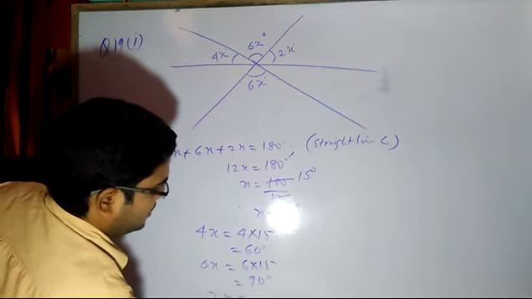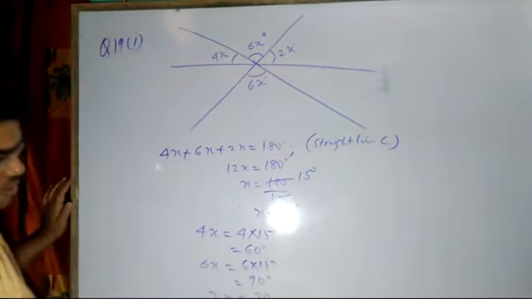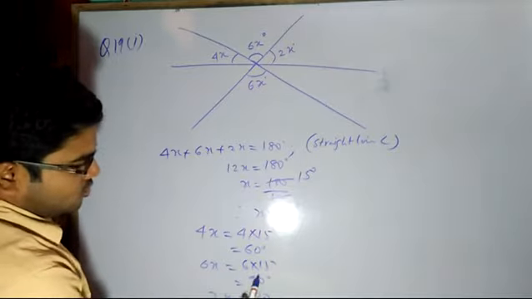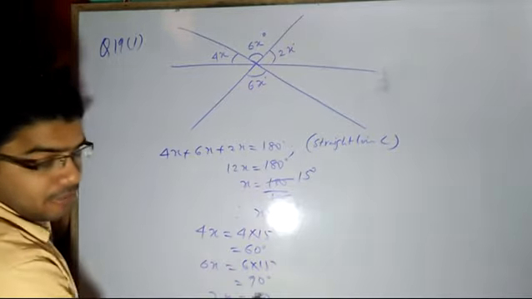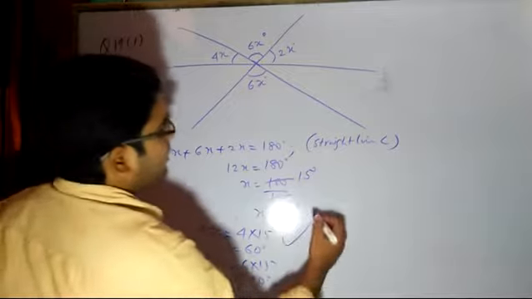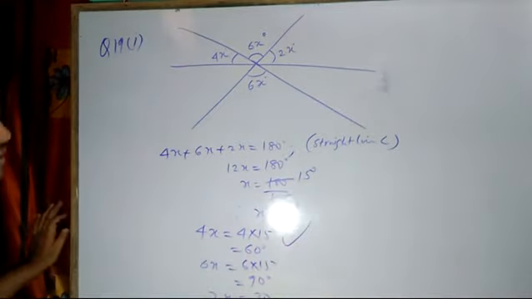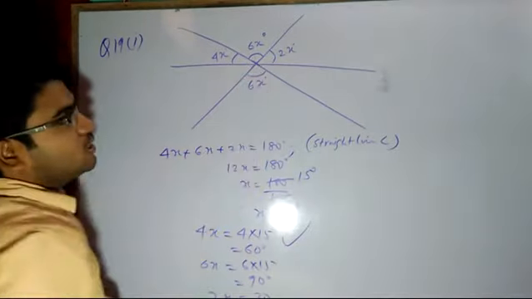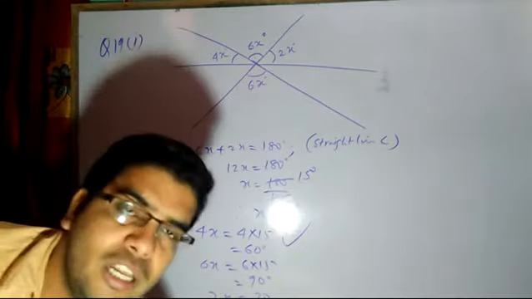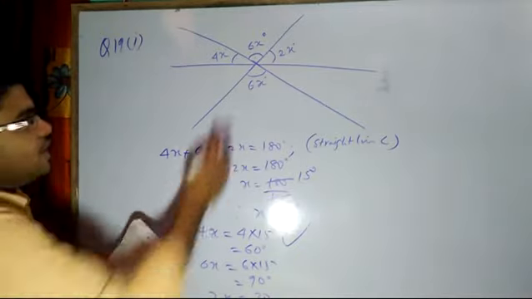Then we have 2x, which is 2 into 15, 30. So 90 plus 60 is 150, and 150 plus 30 is 180. This is the way you will calculate the values of x. Here you will write that this angle is equal to 6x because of vertically opposite angles. You have to name that.